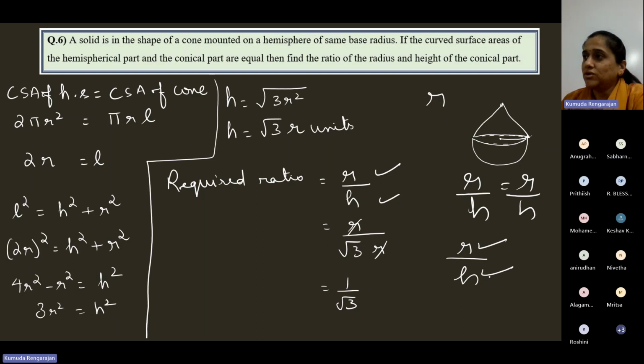How will you find the ratio? Here you have the slant height in terms of r: slant height is equal to 2r.